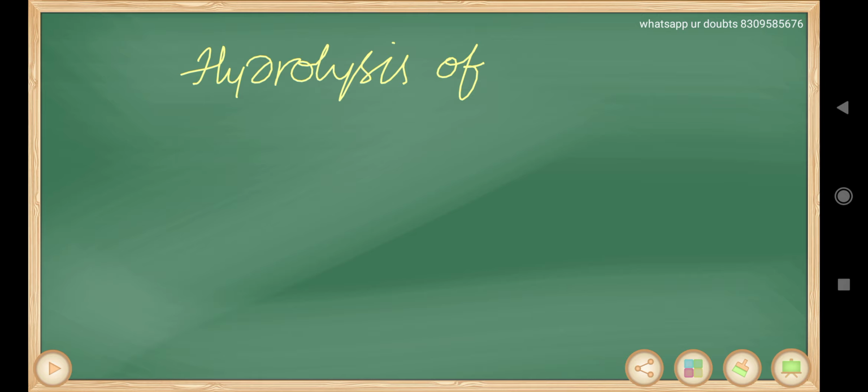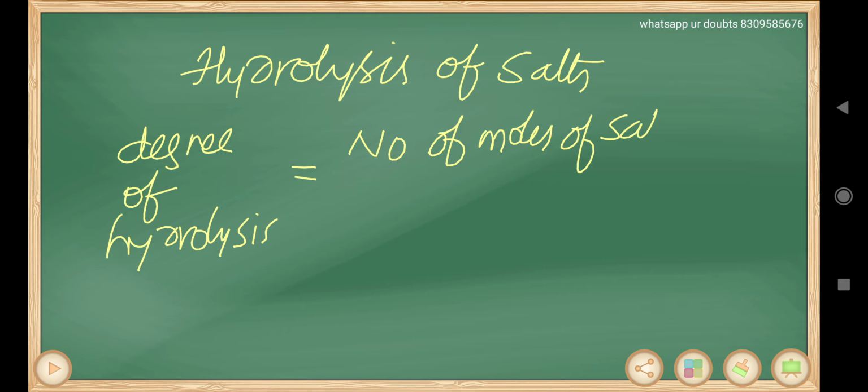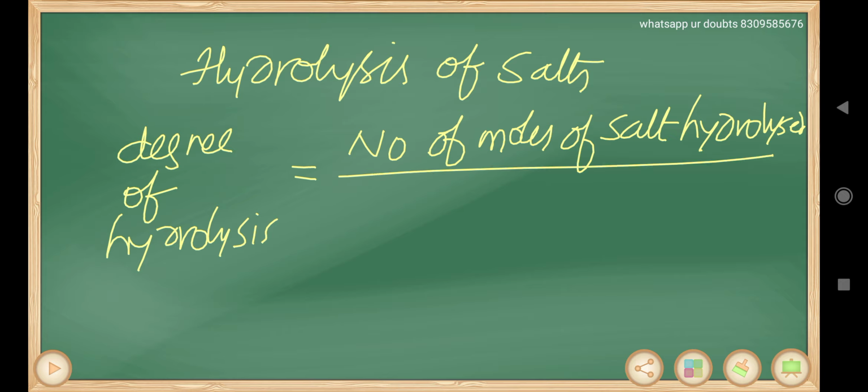Degree of hydrolysis. Degree of hydrolysis means the number of moles of salt hydrolyzed divided by the total number of moles of salt taken.